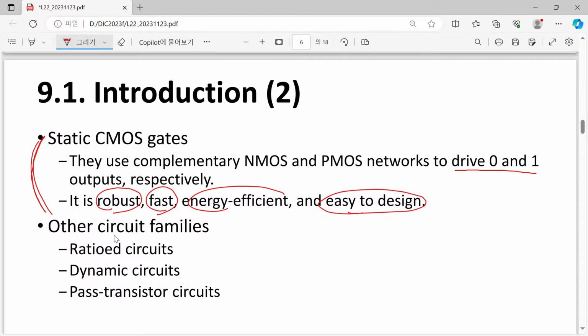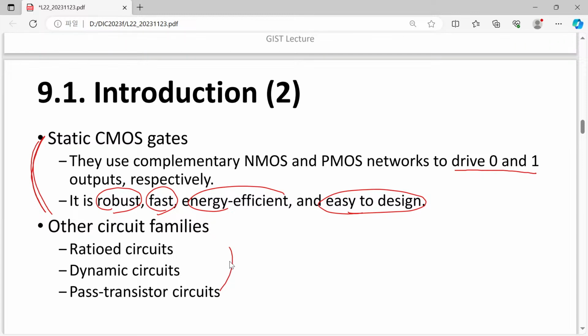However, for some special cases, we can have unconventional or non-static CMOS type implementations, called layered circuits, dynamic circuits, and fast transit circuits. That will be covered in our next lecture, lecture 23, I hope. I will try to finish our discussion in one session.